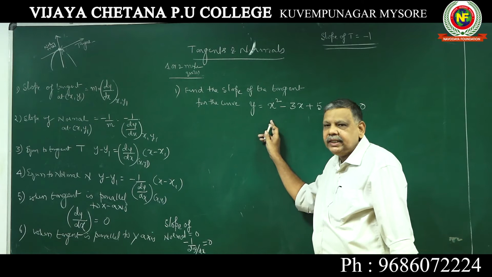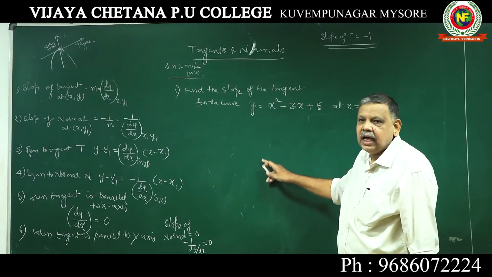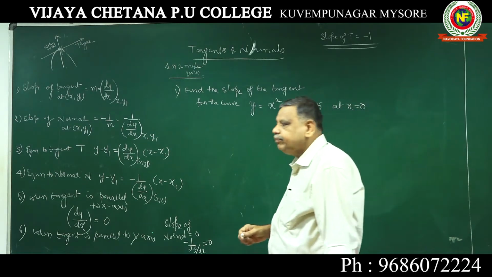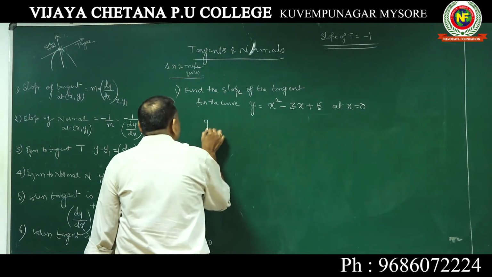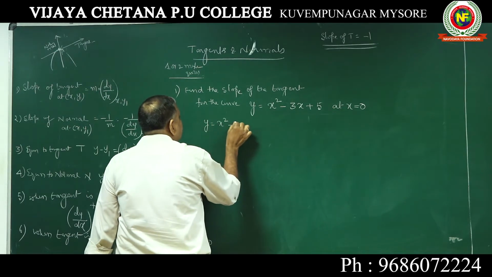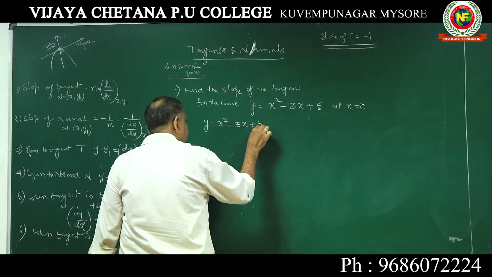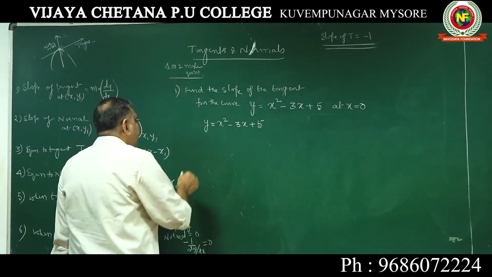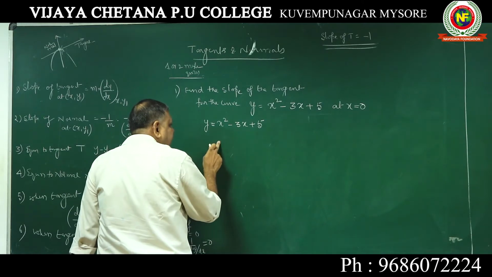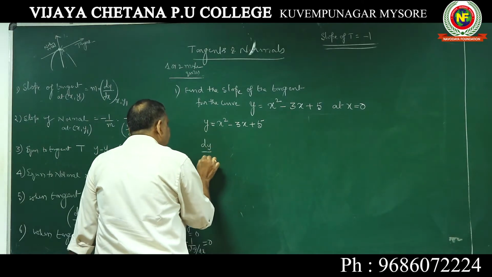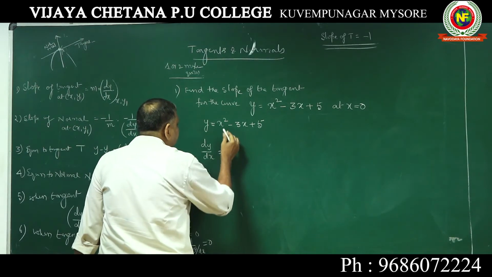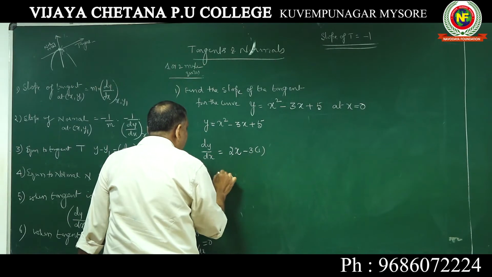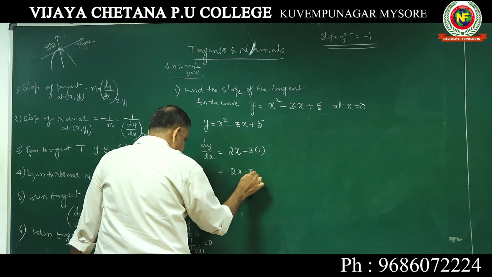Take that. Find the differentiation dy by dx. At this particular point, x equal to 0, you find dy by dx and you get the answer. You take y is equal to x square minus 3x plus 5. Differentiate with respect to x. dy by dx is equal to, when you differentiate x square, 2x minus 3 into 1, or it is 2x minus 3.